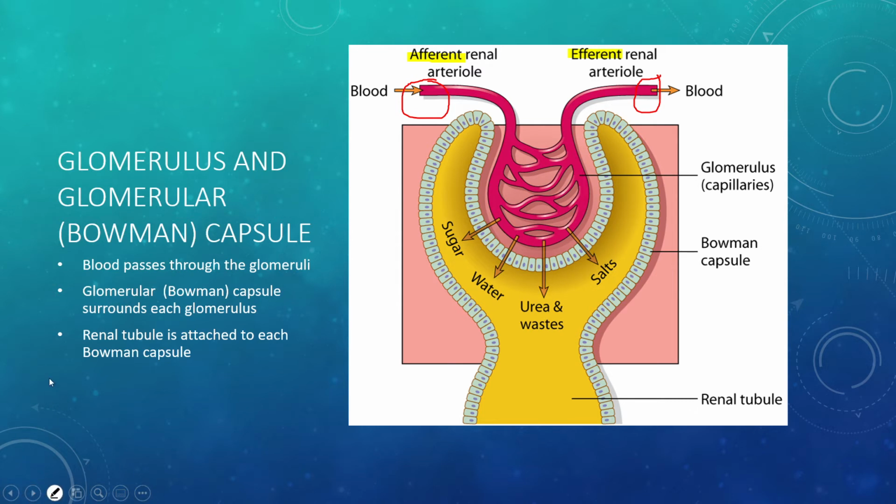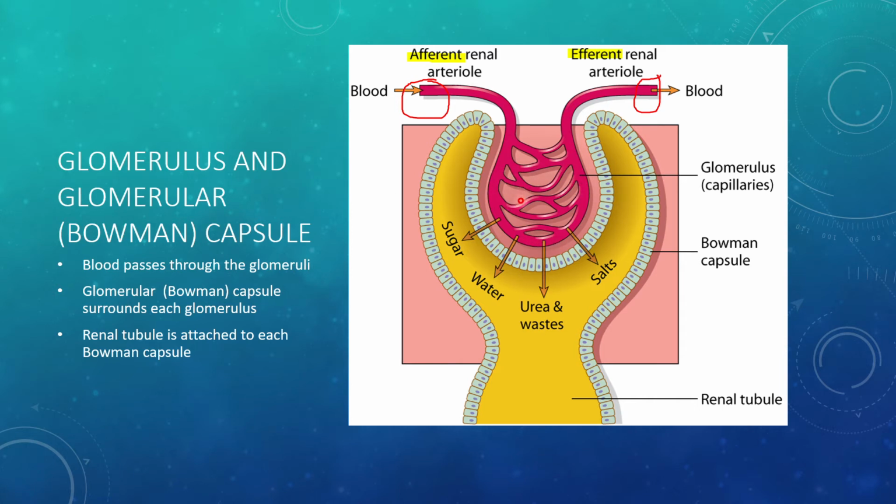And what that does is create an increase in pressure here in the glomerulus. We will look at the term later on, but it's called filtration pressure. So the large diameter of the afferent arteriole and the relatively smaller diameter of the efferent arteriole creates a high pressure inside of the glomerulus.